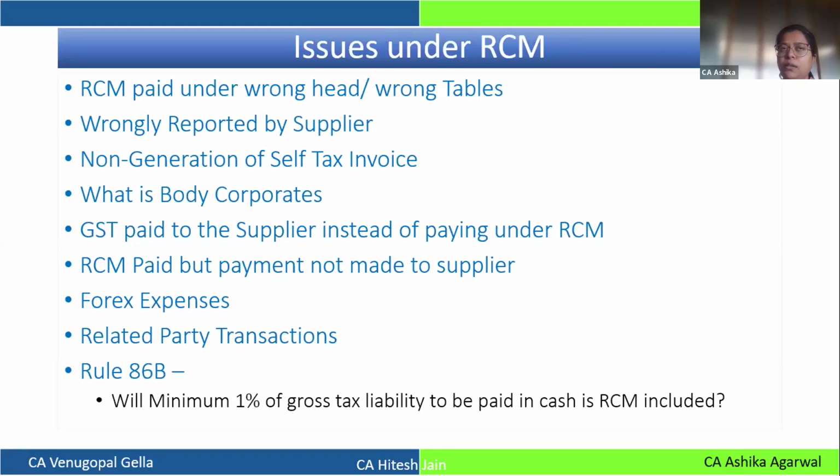Now coming to the part that if your supplier has wrongly reported, the department is blindly relying on 2B without checking whether that transaction belongs to you or whether the supplier has done wrong reporting. So just make sure whether it is a stand-alone transaction, meaning a single transaction which has happened, or a recurring transaction.